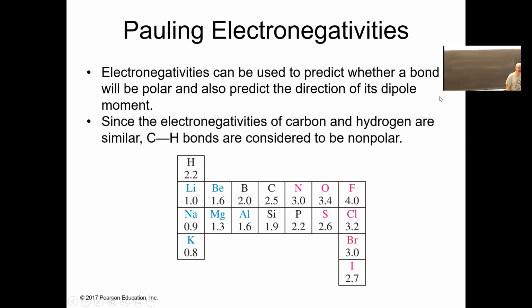Here is an abbreviated table of Pauling electronegativities. Fluorine is the most electronegative element, followed by oxygen, and then nitrogen and chlorine. Over on the left side of the periodic table, we have those with very little tendency to attract and hold electrons.